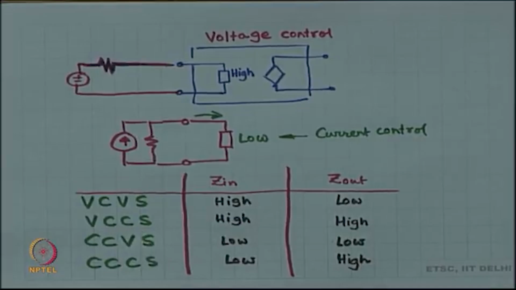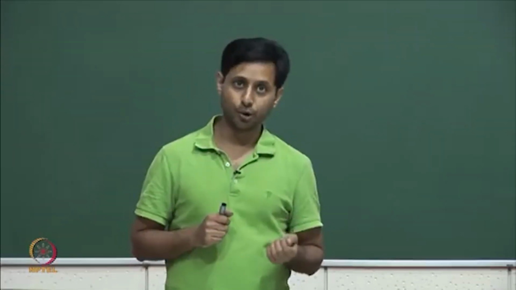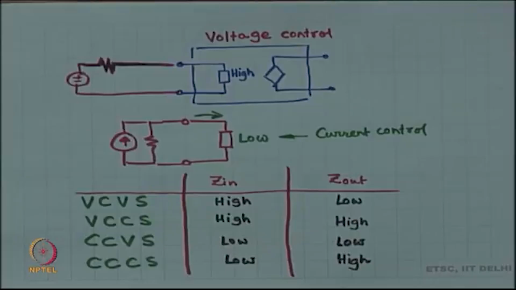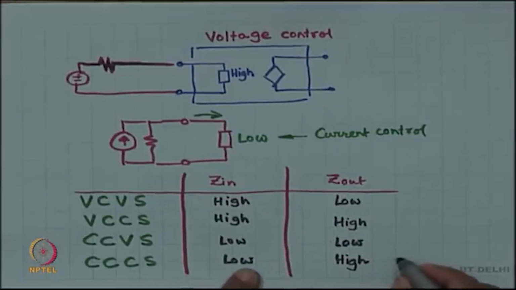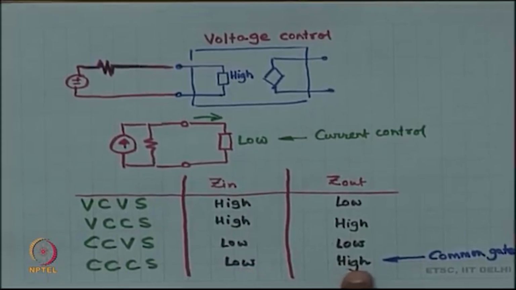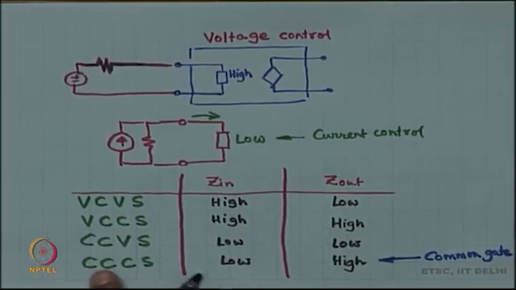All right. So, for example, if you have a common gate amplifier, it has an input impedance that is low because it is at the source, and the output impedance is high because it is at the drain. What is it then? Input impedance is low, output impedance is high. So, we should not look at the voltage gain at all, because it is a current controlled current source.